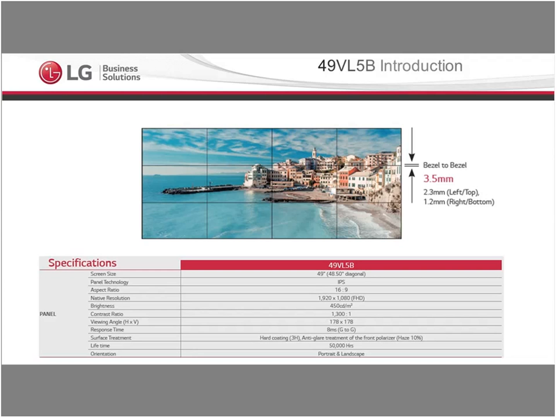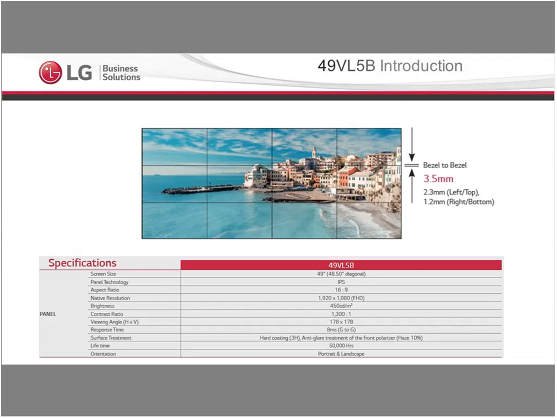So now we have our 49-inch VL5B. This 49 VL5B, this is that good category, right? Great entry-level product for the video wall solution. You could mirror this with our old product, and we shouldn't just say old, but our LV35A video wall panel.